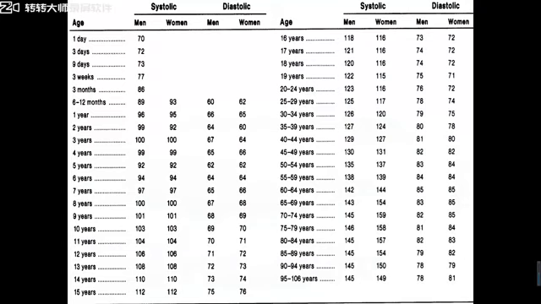So from this table, for example, at age 20 to 24 years old, for our normal subjects, systolic blood pressure is about 100 to 130, and diastolic blood pressure nearly 76 to 84.